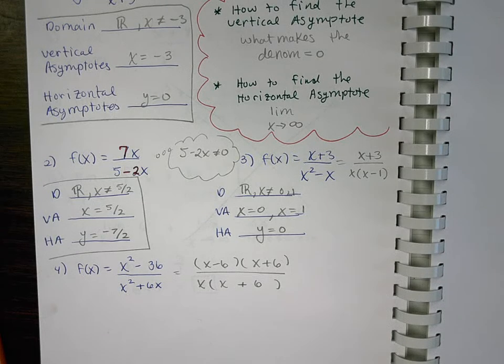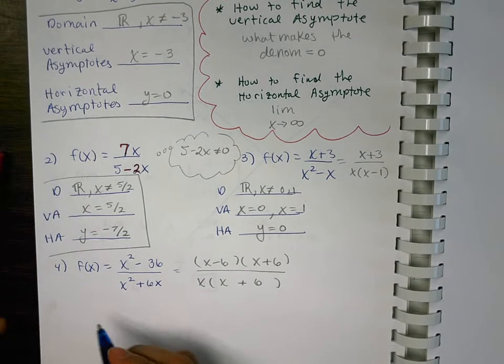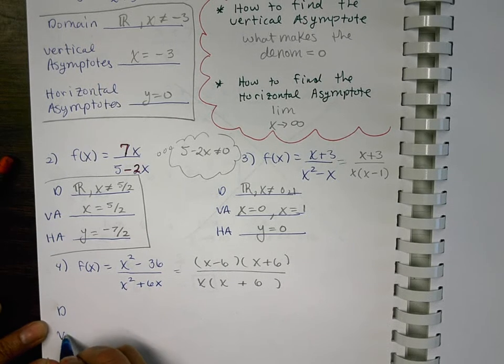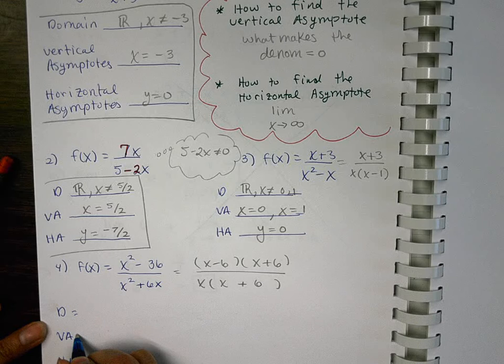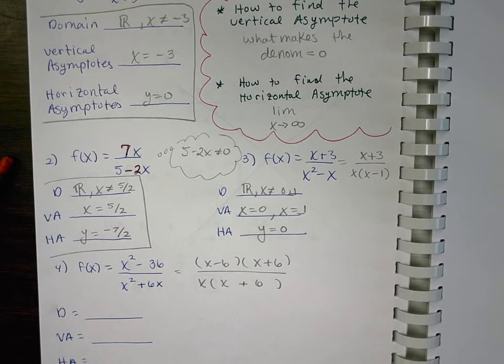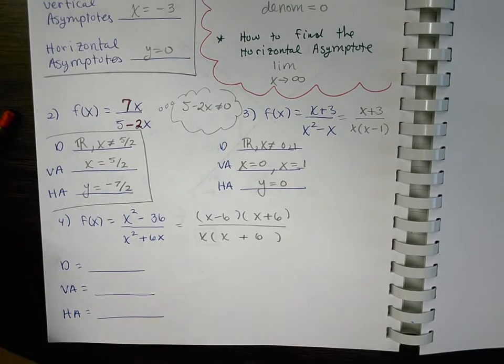Once you come to problems where you can reduce, it does change a little bit in how you find your domain and your VA and your HA. All right, so let's write down what changes. I'm going to write it over here.